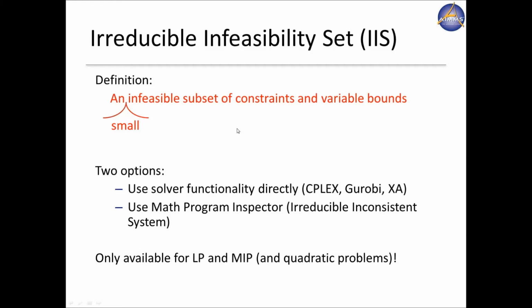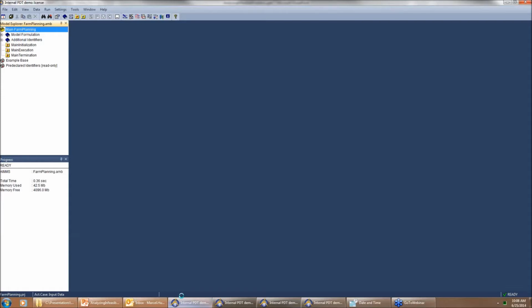So forget the second part of the definition. The most important part is that it is an infeasible subset of constraints and variable bounds that is calculated by some kind of algorithm that is implemented either in the solver, so you can use the solver functionality directly from Cplex, Gurobi, or XA, or another possibility is using the Math Program Inspector, where it is called irreducible inconsistent system. The Math Program Inspector uses an algorithm that's implemented in AIMMS. And the IIS, for short, is only available for LP and MIP, so only for linear problems and for quadratic problems.